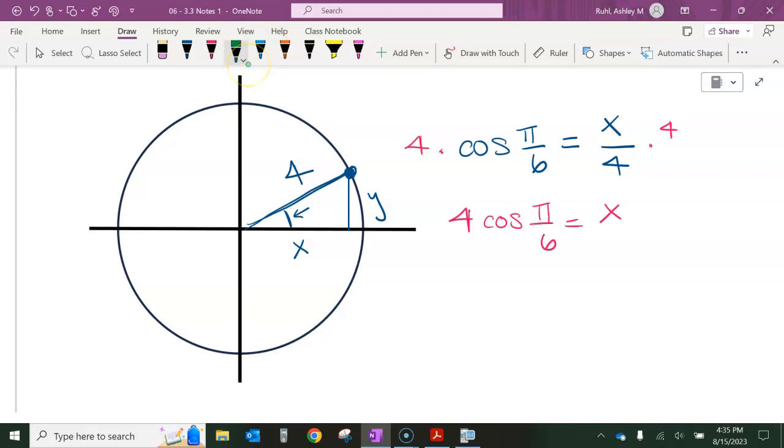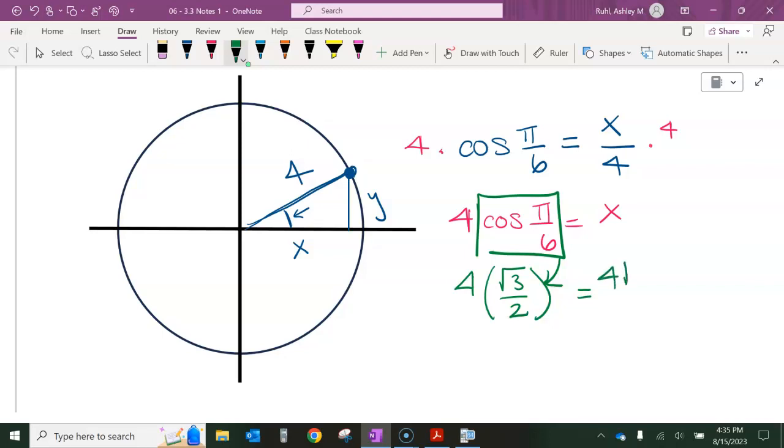Well, what is the cosine of pi over 6? That's what we were just saying, it's square root 3 over 2. But this has a radius of 4, so we multiply it by 4.